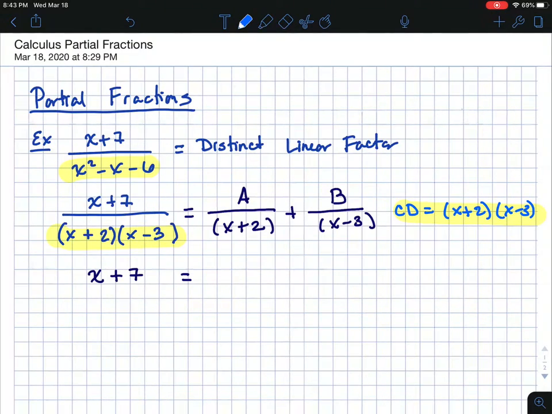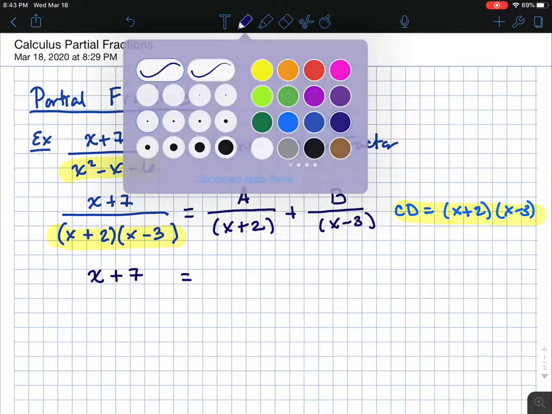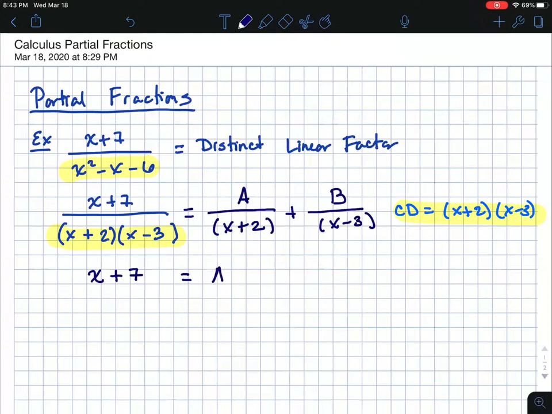So what we're going to have here is A. Actually, let me rewrite it with our denominators, so you can see this next step.